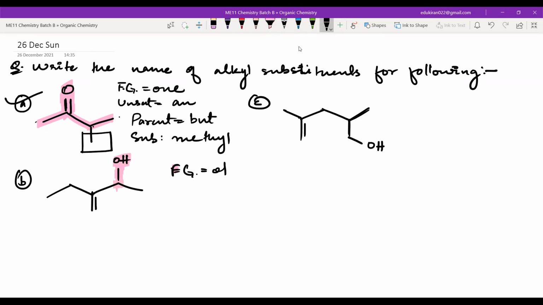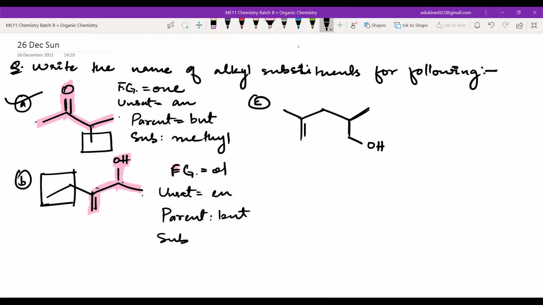And after that, the unsaturation is en, because we see a double bond here. Then for the parent, we start from the terminal nearest to the functional group and move on to here. Whatever remains, this is 1, 2, 3, 4, again but, and there is a substituent here. So the substituent will be ethyl.